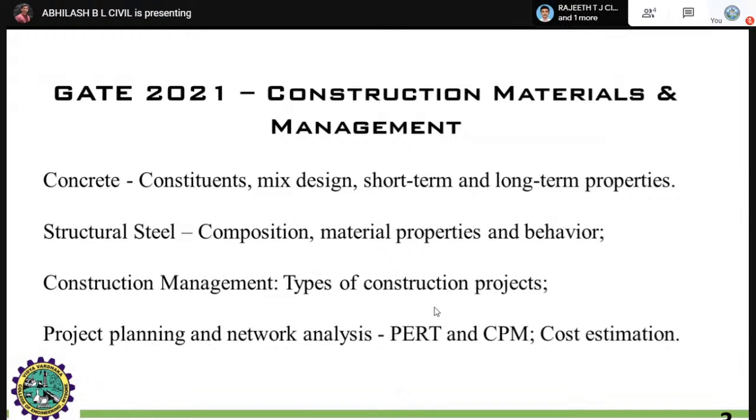These are some of the glimpses I gave in session 1 on day 2. Today, I am concentrating majorly on construction management, that is types of construction projects, project planning and network analysis, that is PERT, CPM, and the cost estimation of this particular construction management. Let us go one by one.